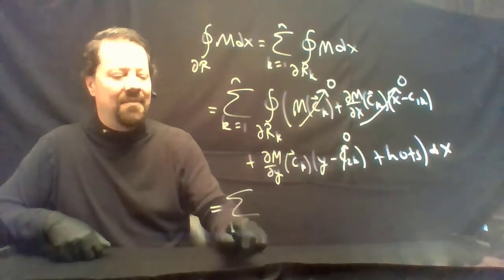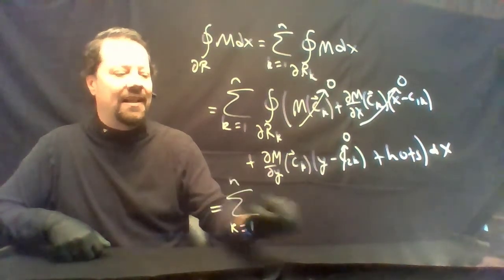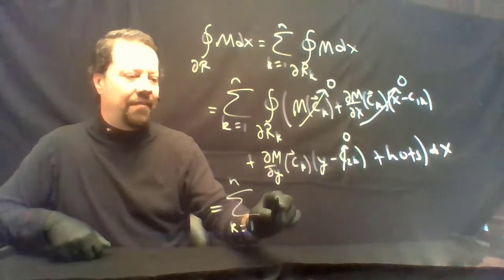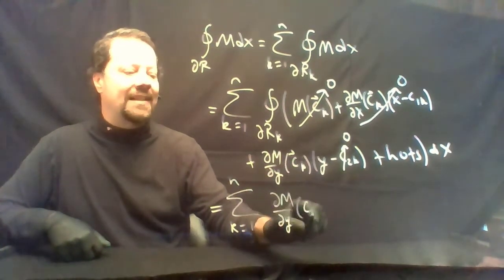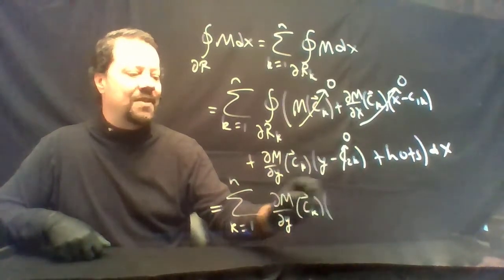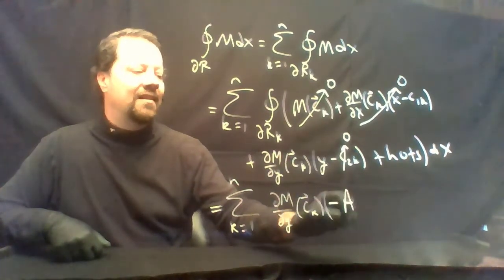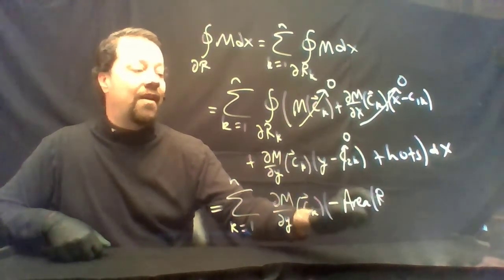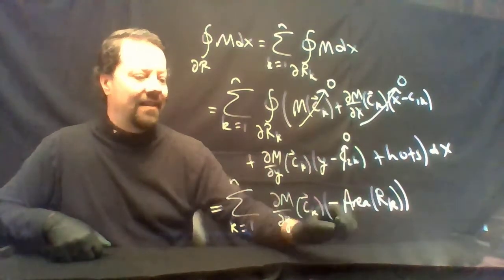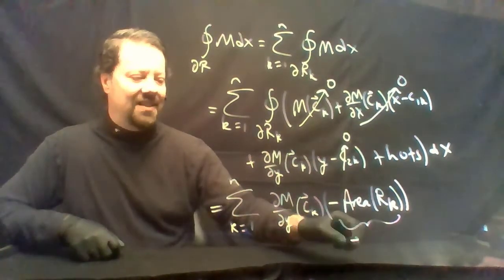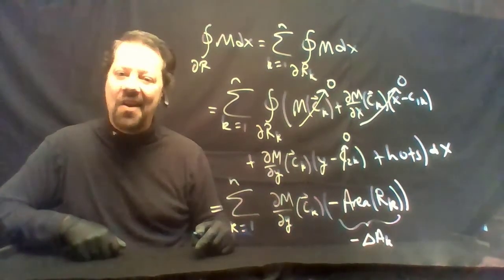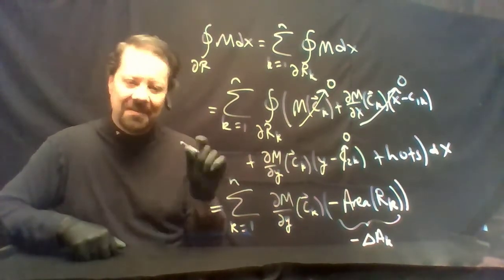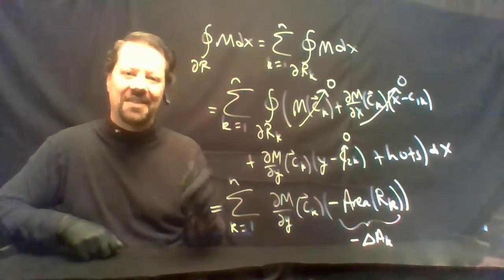So we have the sum, as k goes from 1 to n, of the following: dm dy evaluated at ck times minus the area of rk. This is minus a little delta A sub k, a little change in area for each of these little pieces in the partition.